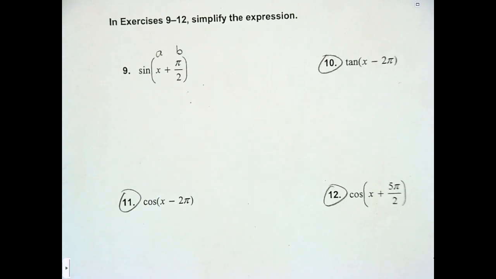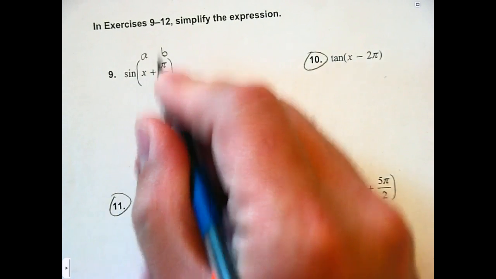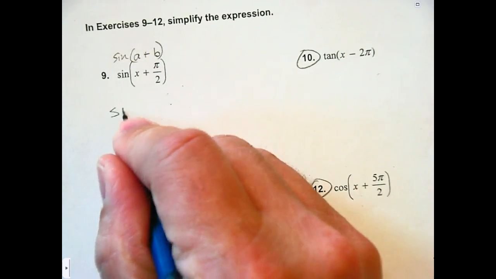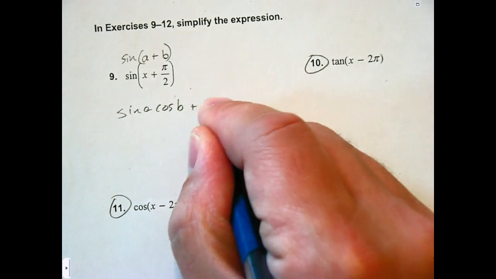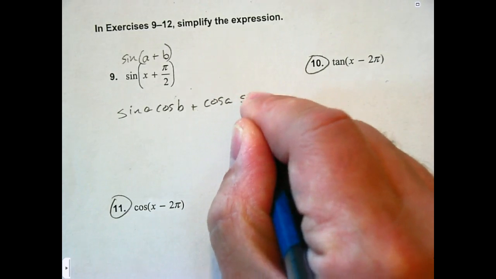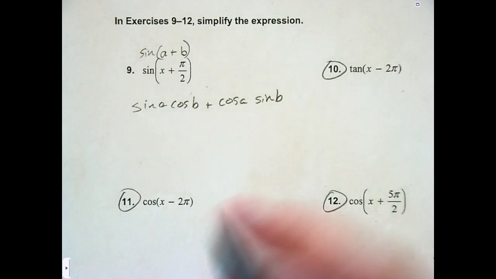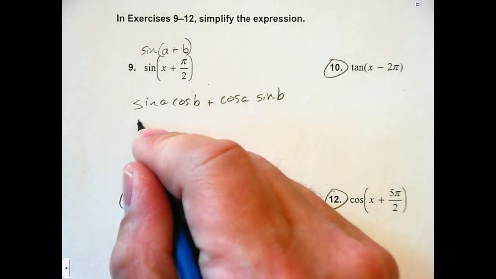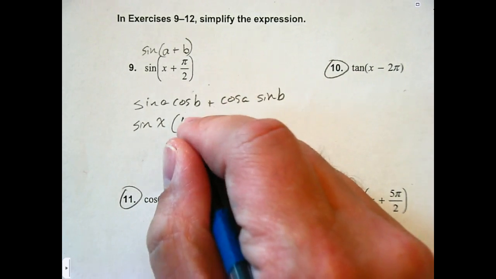Okay? So when we simplify all this and plug it into our equation, remember sine of A plus B, that's what we're dealing with. That formula is sine A cos B plus cos A sine B. And then you're just plugging in your pieces. So go ahead and finish that up. All right. This is sine x, cosine pi over 2.